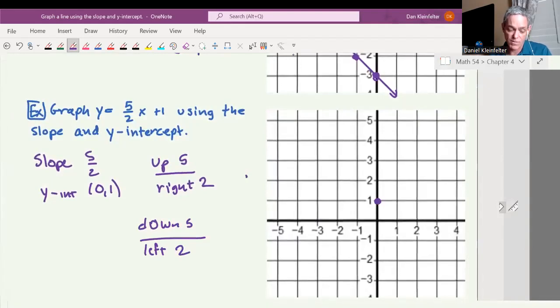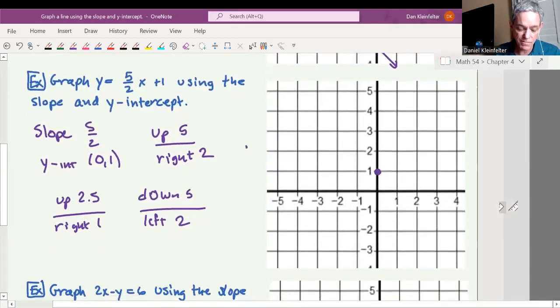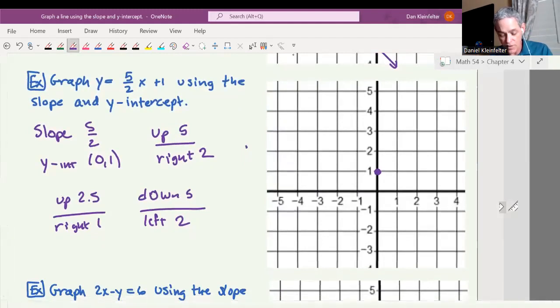Or if you want, probably not like this, we could go up 2.5 and right 1. That also would have the same ratio. But it's nice to stay on the integer coordinates, so let's do that. Actually, if I go down 5, that will also take me off the grid. So I'm stuck doing the up 2.5, right 1 thing.